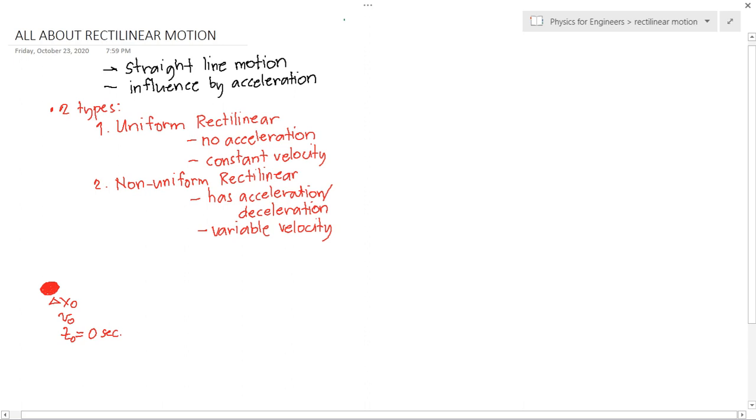Then, for this object, of course, it will travel on a straight line. Kasi diba, rectilinear motion tayo. Then, it will arrive on the next position, or maybe the final. So we can label this first position as the initial position.